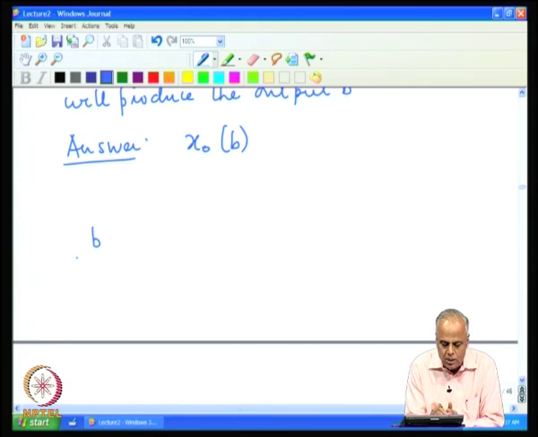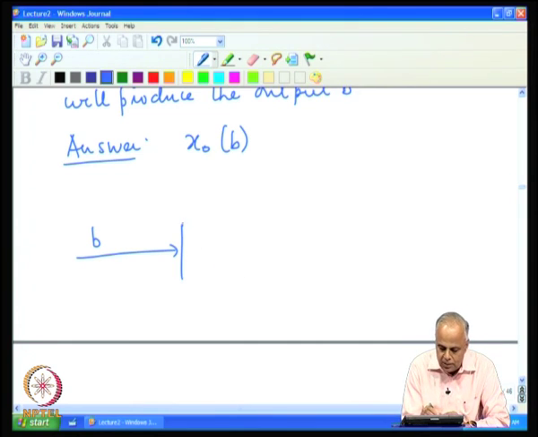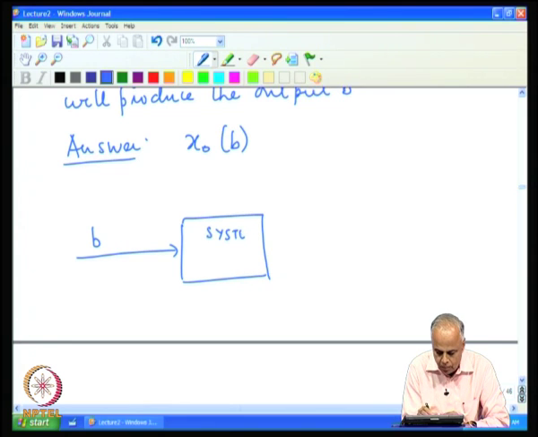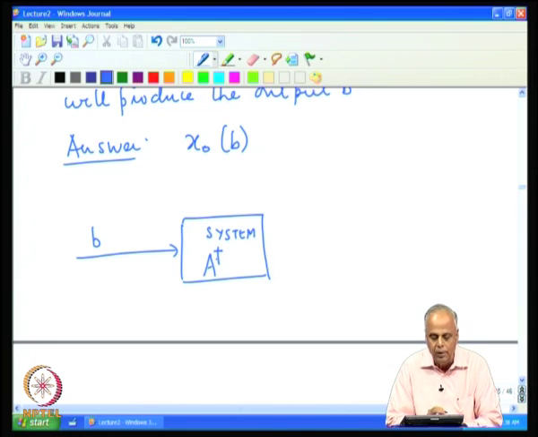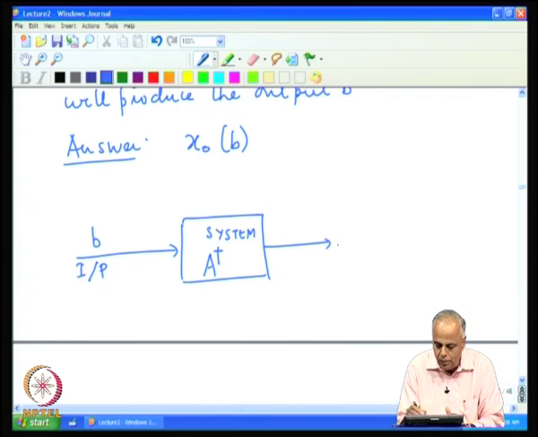So, this boils down to, we are constructing another system which has another transfer function, we do not know what it is, we will denote it by A dagger, for which we are going to put the input b and there is going to be an output because of this, which is A dagger b.